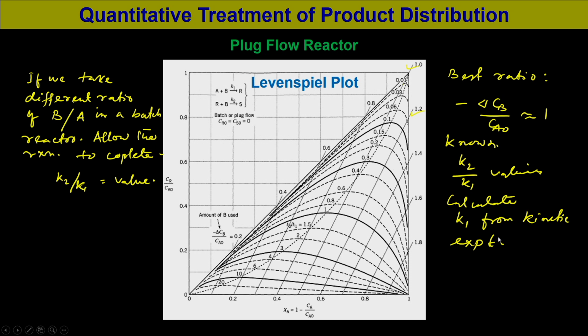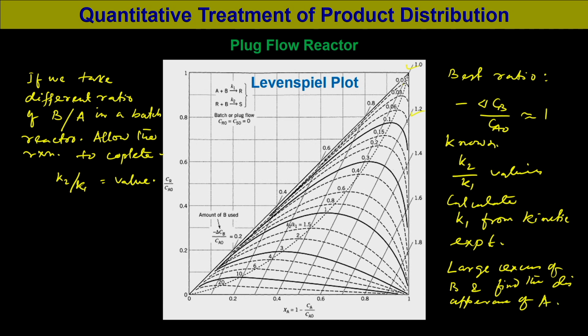How can we obtain K1 from the kinetic experiments? If we take a large excess of B and then follow the disappearance of A, this will behave like a first order reaction.